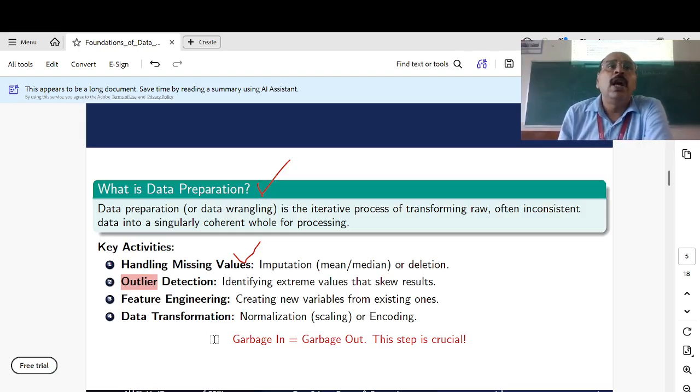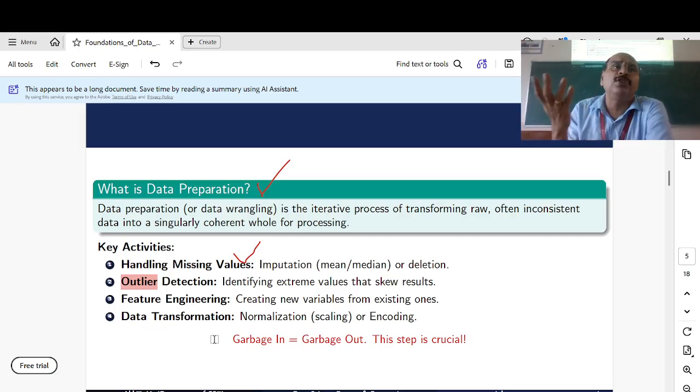An outlier is a value that is totally different from the normal value. Suppose I have a data set of your marks. I will be having marks ranging from 10 to 90, right? 99 or 100 is an outlier. 0 is an outlier. Or you have so many examples.